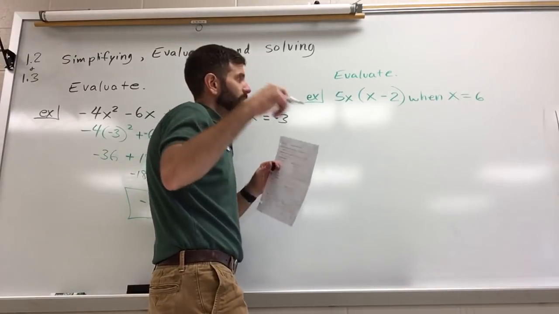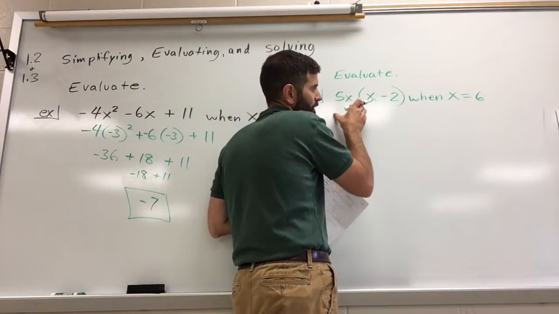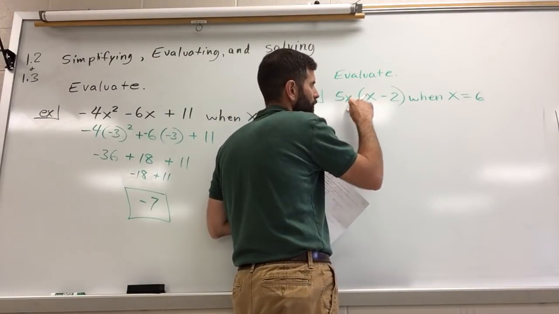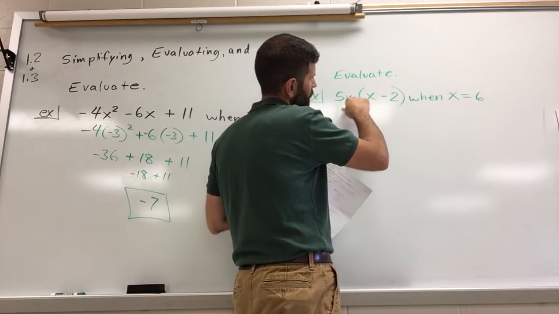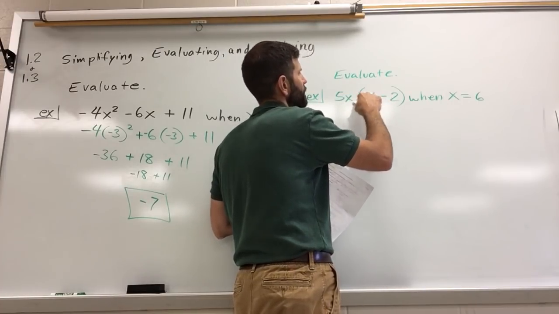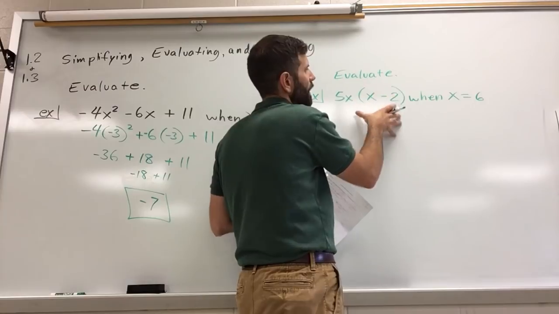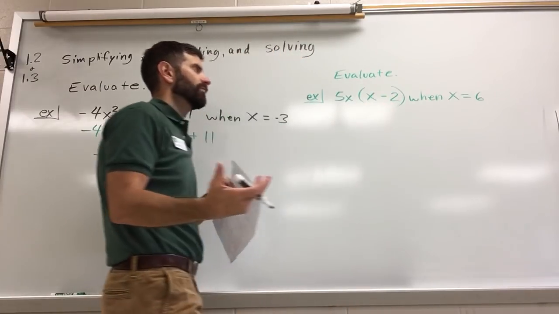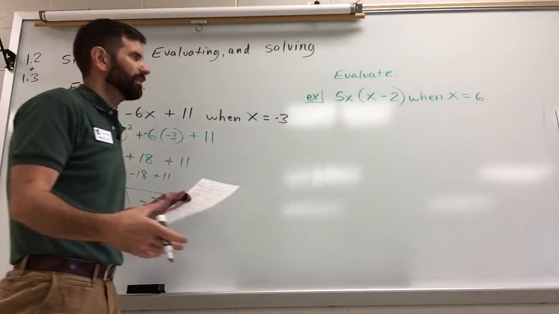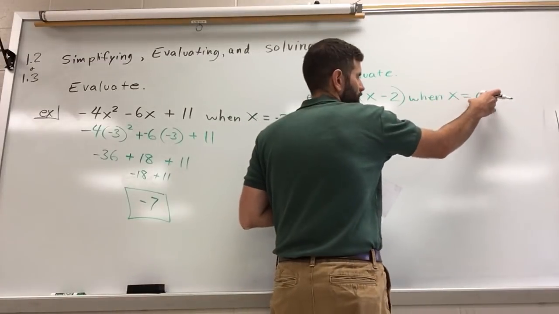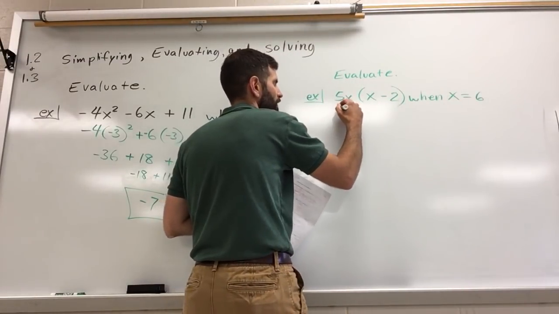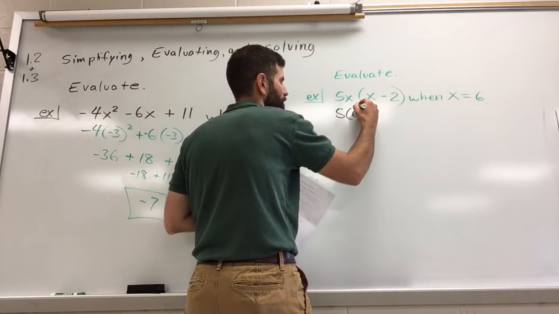You're allowed, as long as you do it accurately, to simplify within this problem. You could distribute that 5x times the x, the 5x times the 2, and then evaluate what's left over. I'm going to simply go directly to the substitution step and keep everything as it is. But you've got some options.